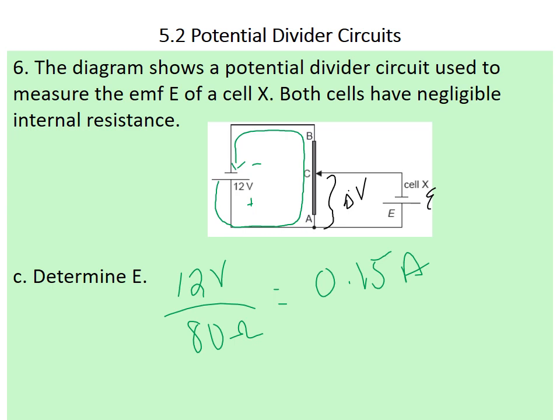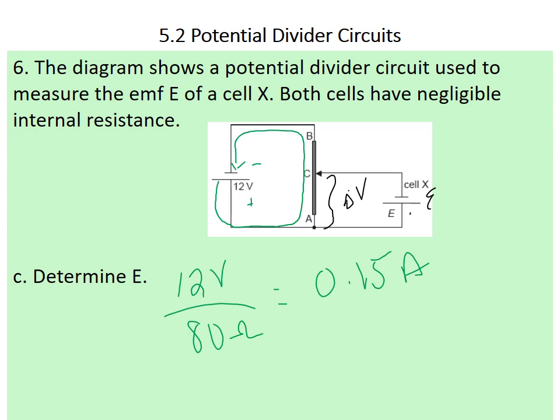So the potential difference from A to C matches the potential of cell X. Because they're equal, the cell X doesn't have enough energy per charge to drive these charges around in a circuit.